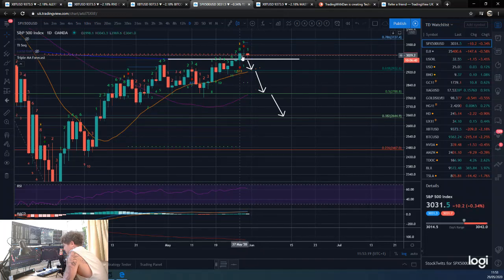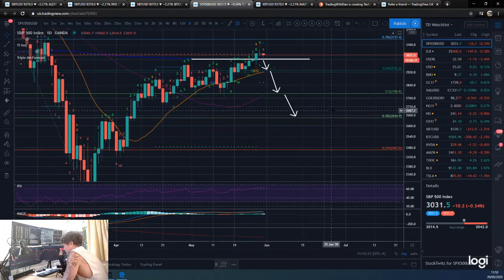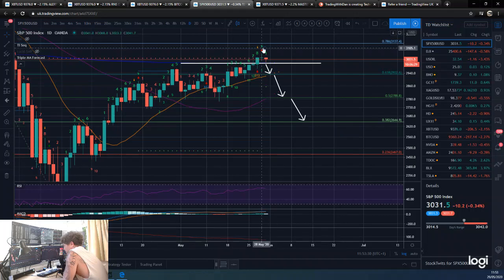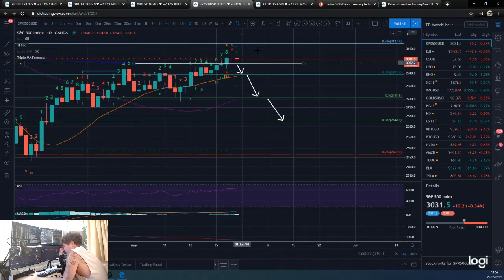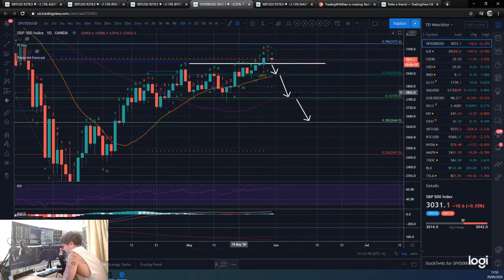This is obviously not going to come necessarily straight down. It will either come straight down, which isn't likely, or it will have some movements on the way down. Obviously nothing is confirmed until we start breaking these levels. It's not confirmed until we break here, the sell trade. And obviously trading's trading, we can still go back up, but that's what I'm looking at in the S&P.